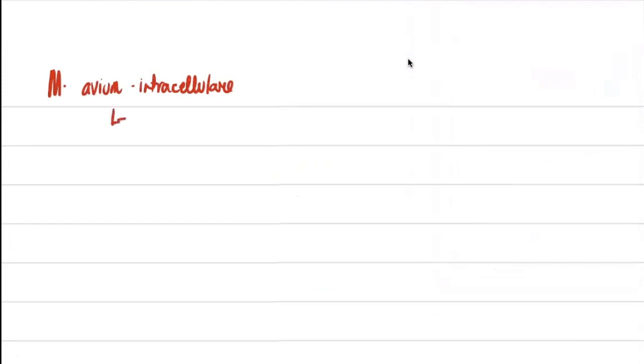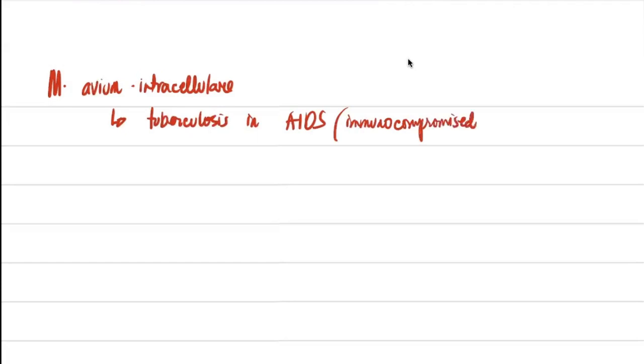So usually, this is the causative agent of tuberculosis-like disease in immunocompromised patients, such as those with AIDS. And of course, it also causes infection in immunocompetent individuals. It can also cause infection in immunocompetent individuals.